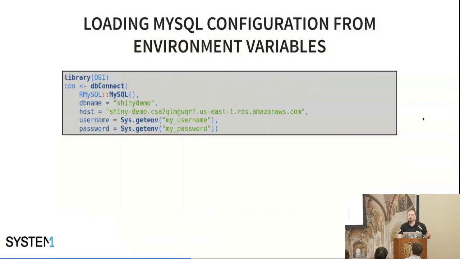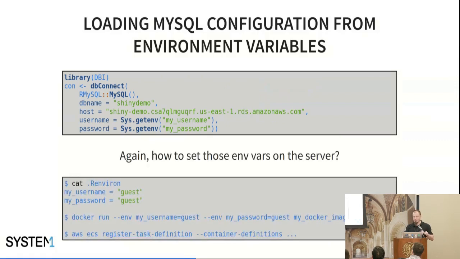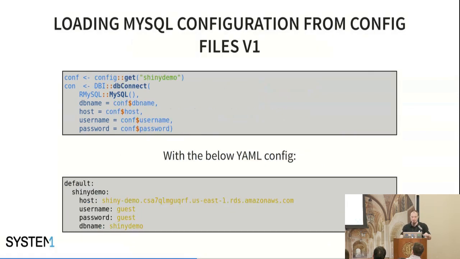Using environment variables makes a lot more sense. You can pass that into a Docker container as well, but it's still not the best option. You really have to keep that somewhere, for example, here in your R environment file. This is an example of using RStudio's config package, which is really great, having a YAML file storing your config.